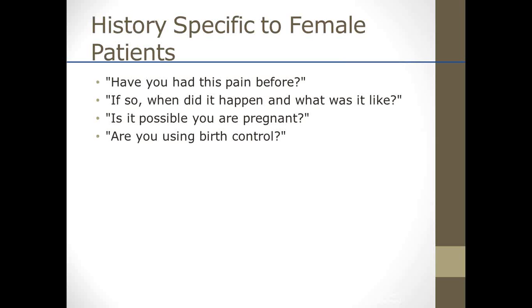But specifically with our female patients, we want to ask, again, is there a possibility that you're pregnant? If they tell me no, I always verify what no means: no meaning you're not sexually active, no meaning that you're on birth control. What does no mean?